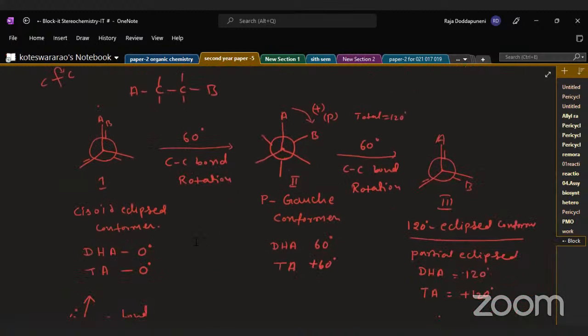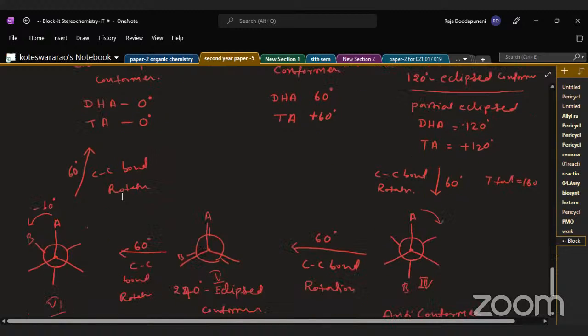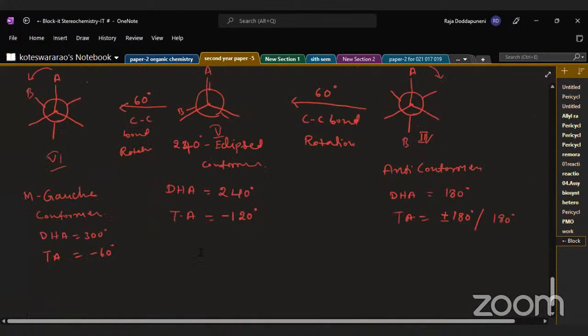Now, these structures 1, 2, 3, 4, 5, and 6 are known as conformational isomers.